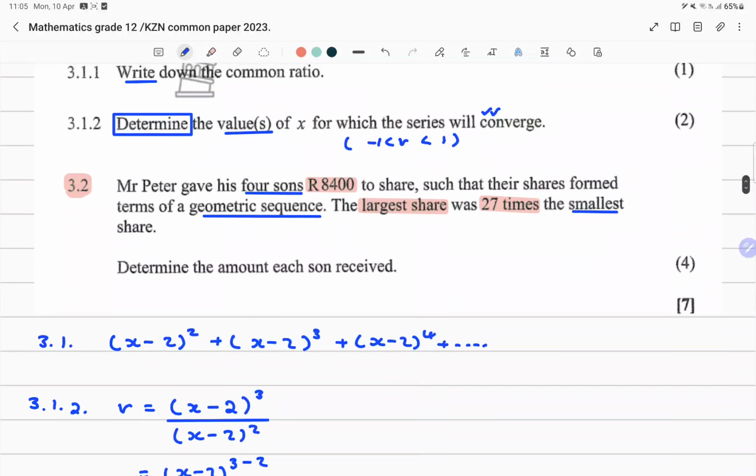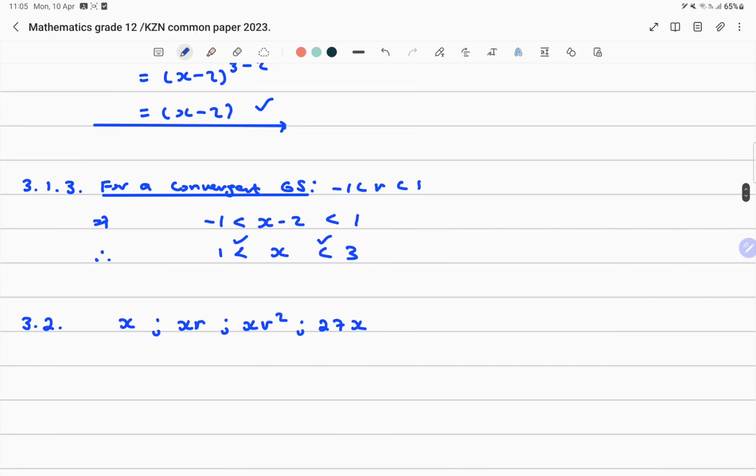Now we're told here, determine the amount each son received, meaning we want the value here, here, here, and here. Literally saying find the geometric sequence that is formed by these shares of that money. So that's easy, guys. We're not going to struggle or stress ourselves. What do we know? We know that definitely T4 is always equal to a r cubed, is it not?